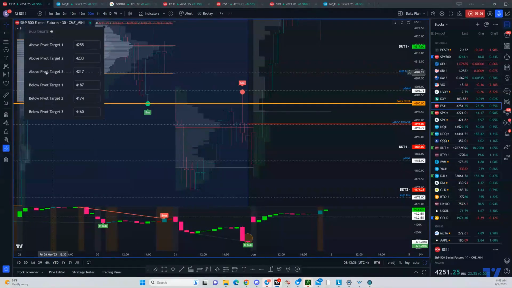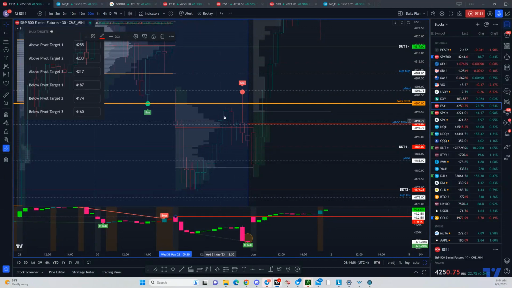What I want you to pay attention to is, when you see this price coming down here and you line up this candle here, this candle closed almost at the high of the day.